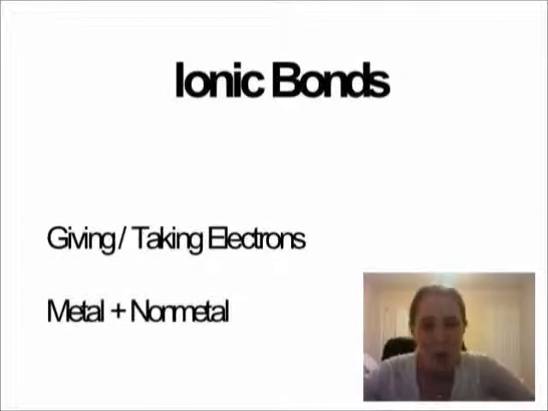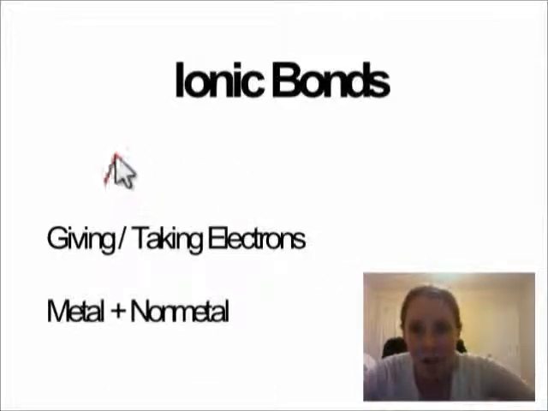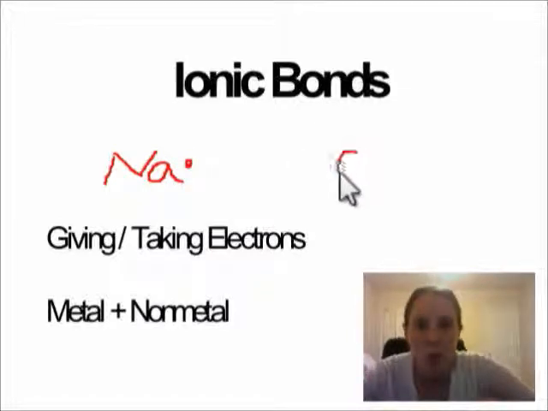So here's a really simple example of an ionic bond. For instance, I could have sodium, Na, which has one valence electron. So I'm going to draw my Lewis dot structure for sodium, sodium with one dot. And I could have chlorine, which has 7 valence electrons. So let me put chlorine with 1, 2, 3, 4, 5, 6, 7. Okay?